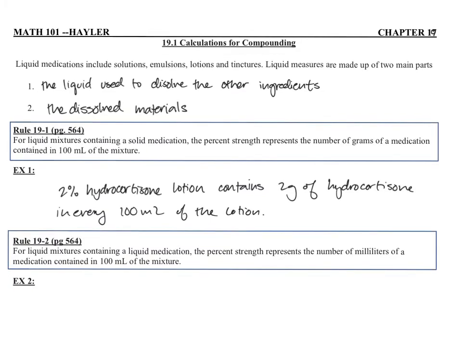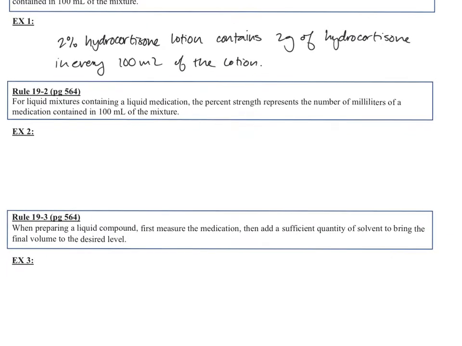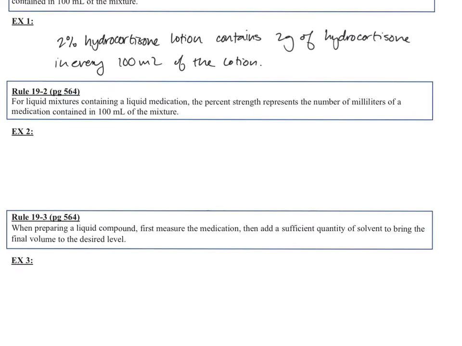Rule 19.2: for liquid mixtures containing a liquid medication, the percent strength represents the number of milliliters of a medication contained in 100 milliliters of the mixture.